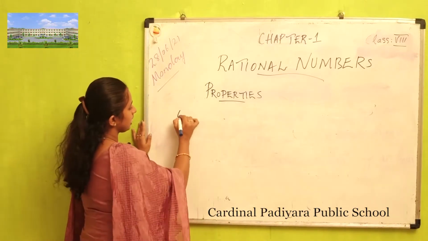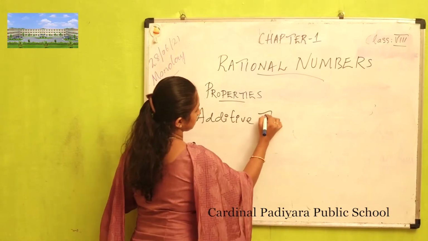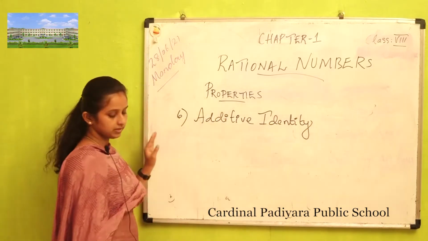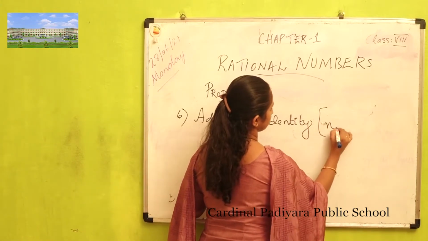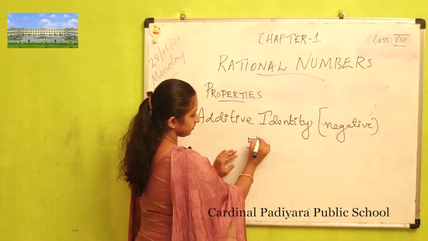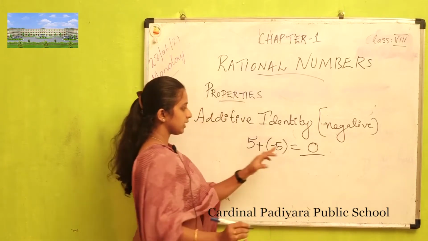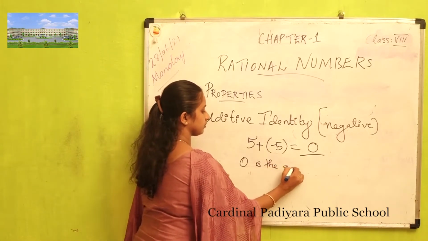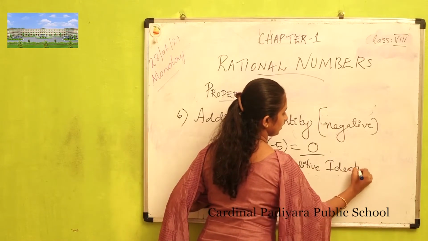Now the sixth one is additive identity. Additive identity means, if I am adding 5 with minus 5, I am getting 0. 0 is the additive identity that we have already studied.